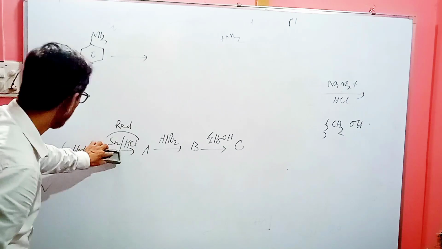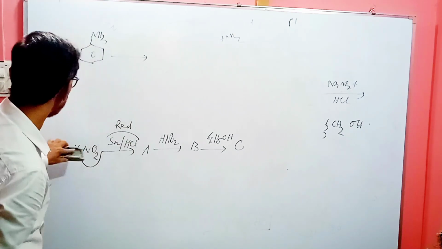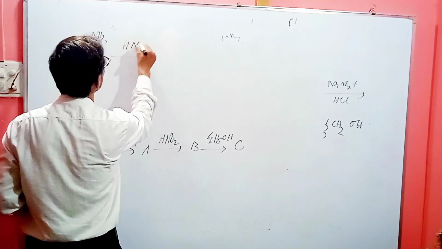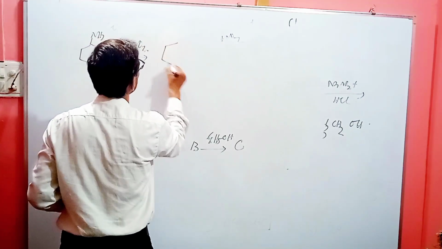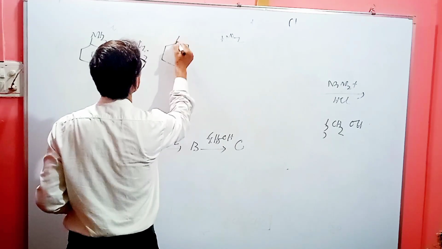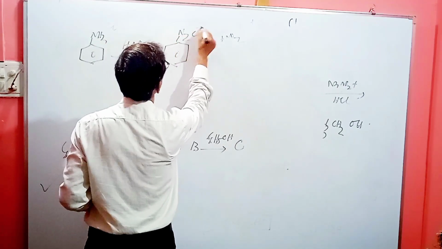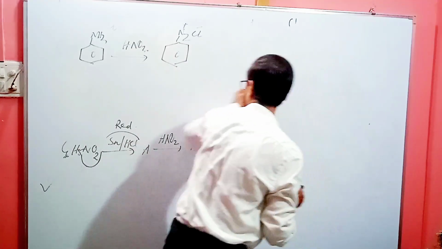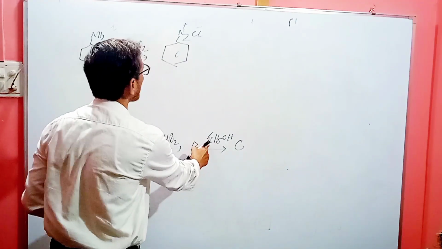So on reduction with Sn/HCl, NO2 becomes NH2, and with HNO2, nitrous acid, you are getting diazonium chloride. Now this diazonium chloride is again reacted with phenol.